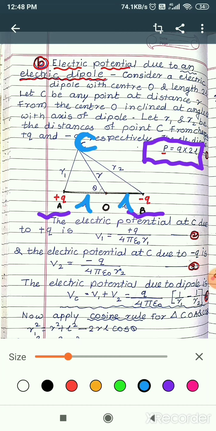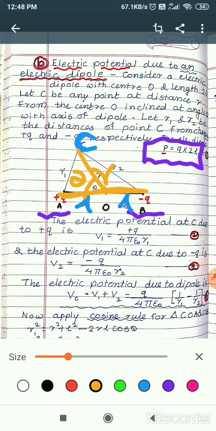Therefore, we consider the distance of point C from the center of the electric dipole to be r. It makes an angle theta with the axis of the dipole.